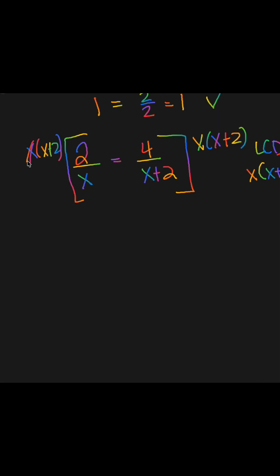Over here we have the x and x simplify to 1, and then 2 times x plus 2. We'll just rewrite it, and we'll do the distributive property in a minute. The x plus 2 simplify to 1, and then we have 4 times x, which is 4x.